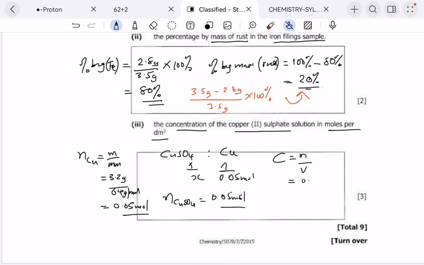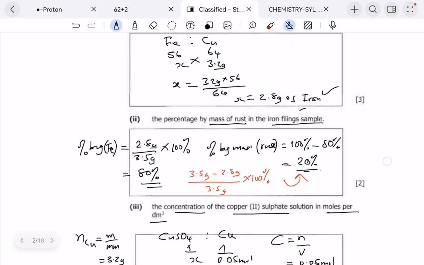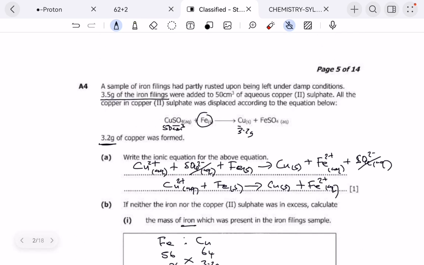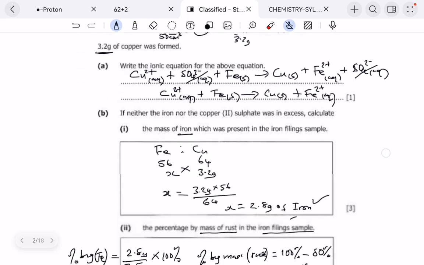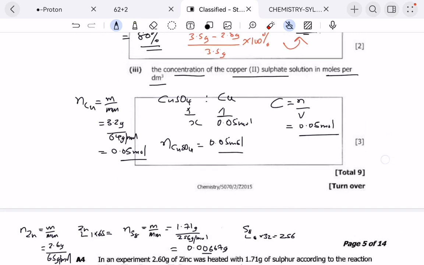The number of moles is 0.05 moles. The volume given in the question is 50, but we are required to convert it to cubic decimeters. So 50 divided by 1000 gives 0.05 cubic decimeters. Then when we do the math, that becomes 1.0 mole per cubic decimeter.